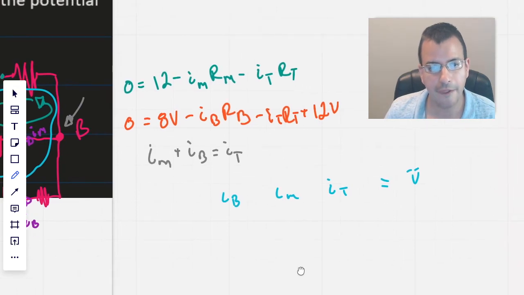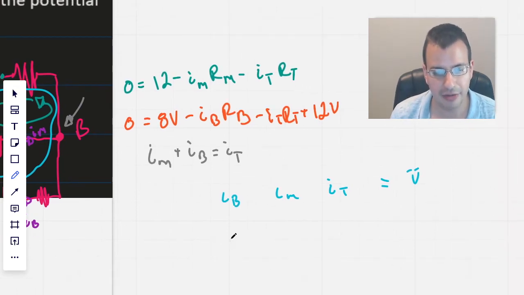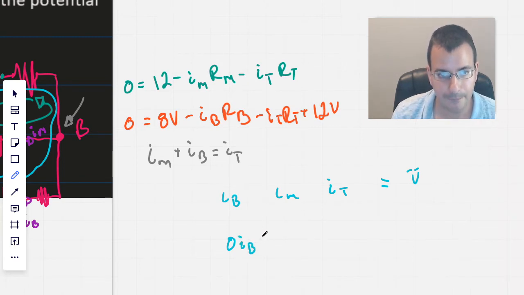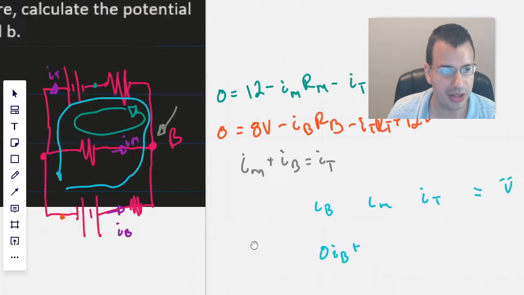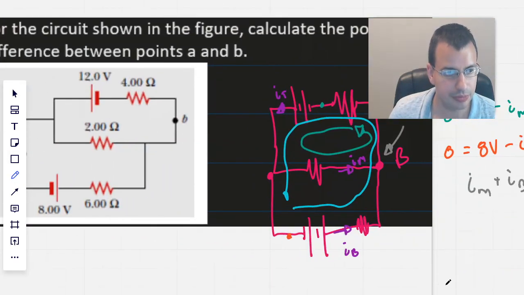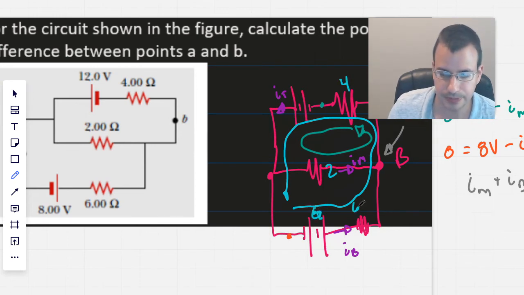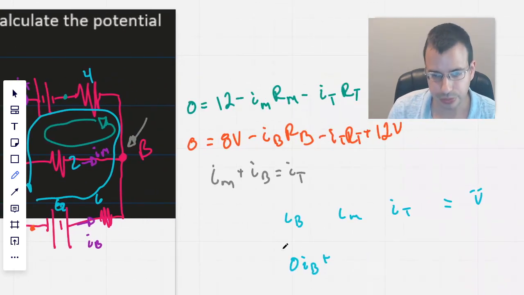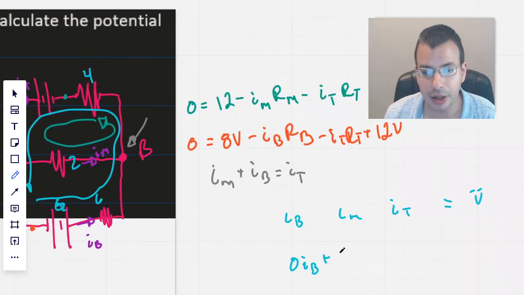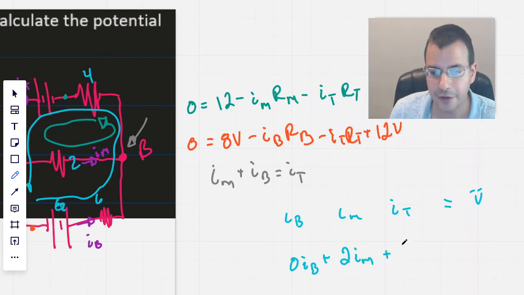Looking at the top one, we have 0 I bottom plus R middle, which is 2, and R top, which is 4. So 0 I bottom plus 2 I middle plus 4 I top equals 12. That's just a rearrangement of the top equation.